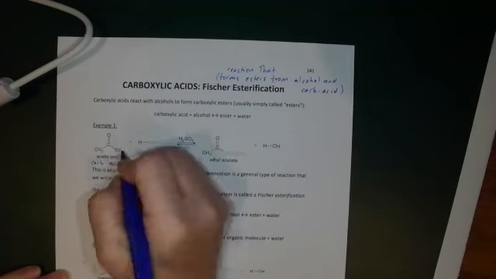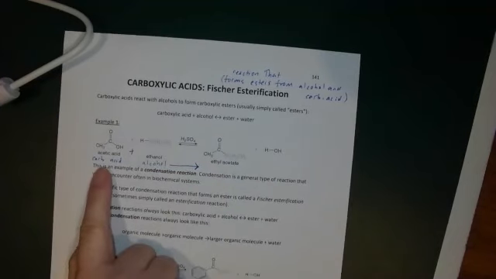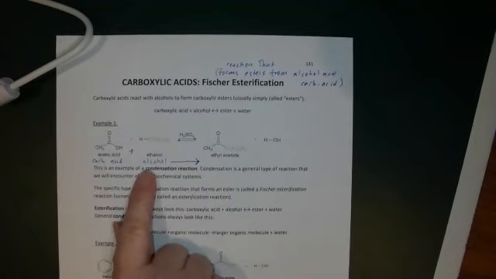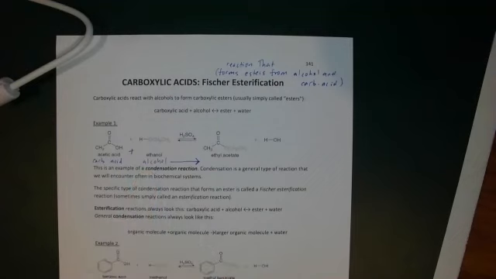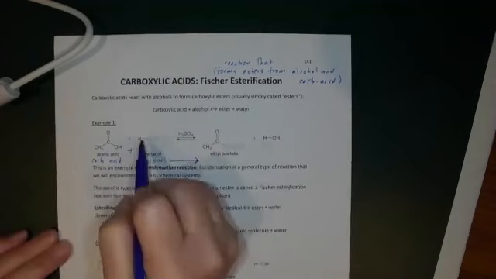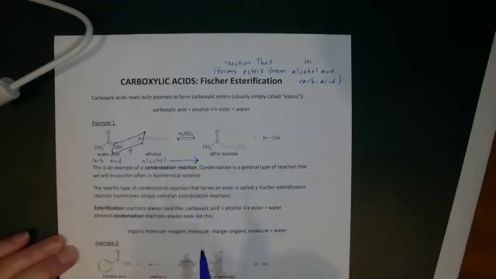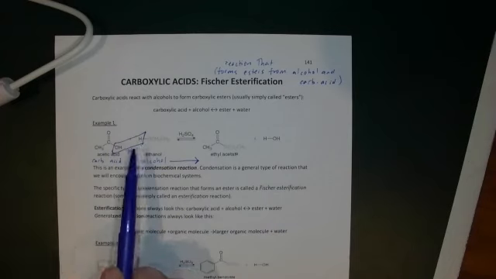What you will see happen, and this will happen every single time that a carboxylic acid and alcohol react, is this. The OH on the carboxylic acid and the H on the alcohol combine. So I'm going to draw a box around them like this. You will often hear me say, box out water.